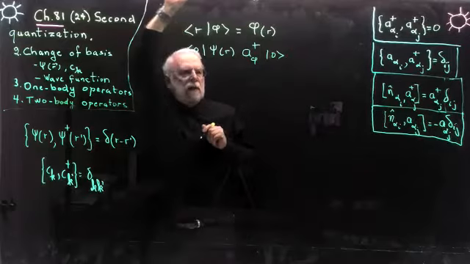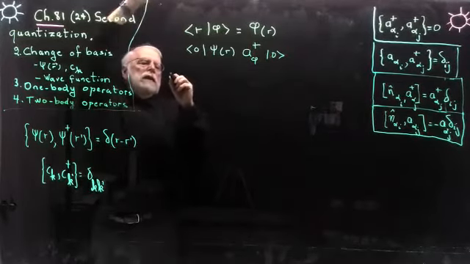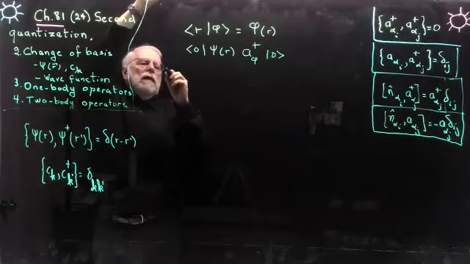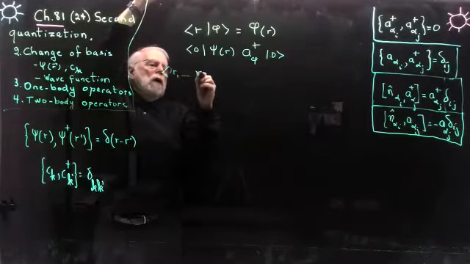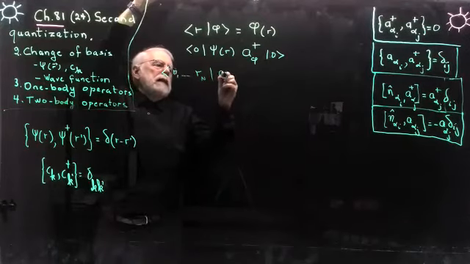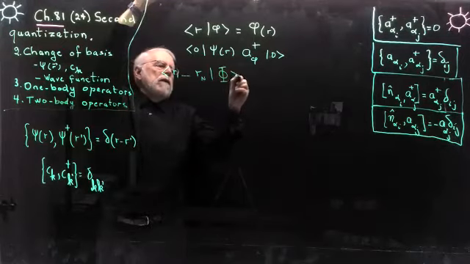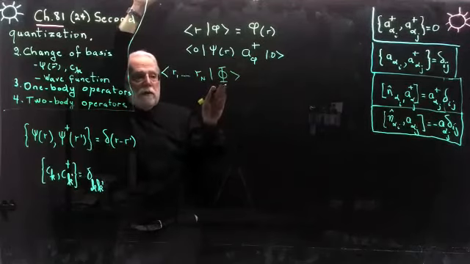Okay, so what is the generalization of this to many particles? The generalization is this. So the wave function will be the bra of r1 up to rn acting on some many-body state phi. And what is phi in general?